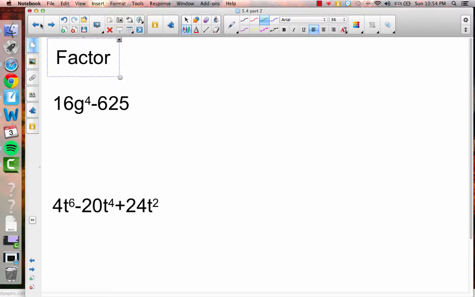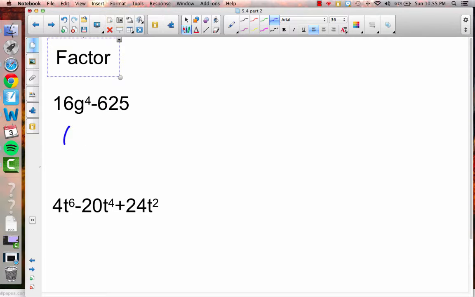Well, unfortunately, this doesn't have a greatest common factor, but what we can notice is that these are all perfect squares. 16 can be written as a perfect square, 4 can be written as a perfect square, and so can 625. So what we're going to do is try to figure out what perfect squares we're going to use in order to get our answer.